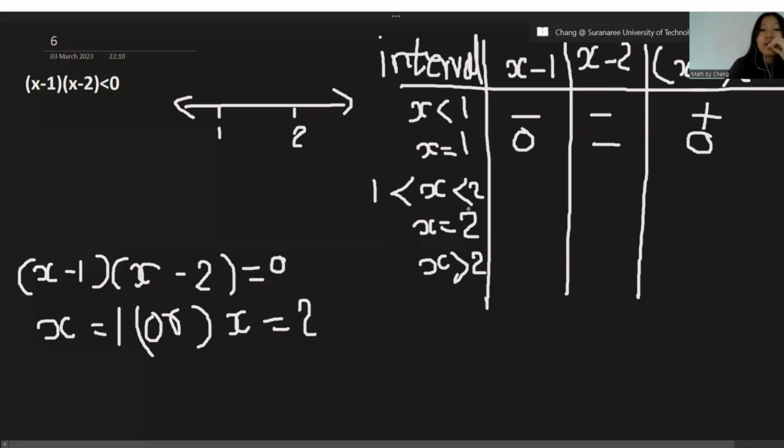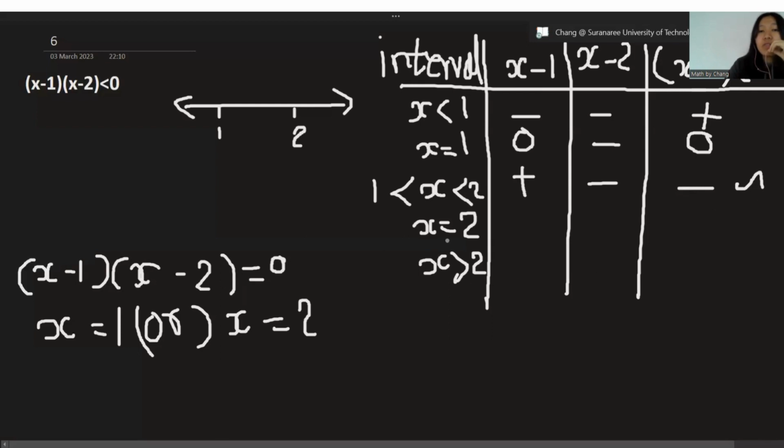So 1.5 minus 1, you will get plus, right? 1.5 minus 2, you will get minus. Plus and minus, what will you get? Minus, right? When you multiply a positive value and a negative value, you will get negative. So negative is less than 0, and you have to consider this interval.